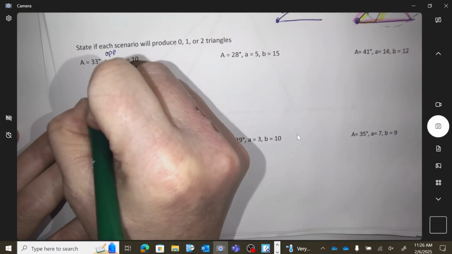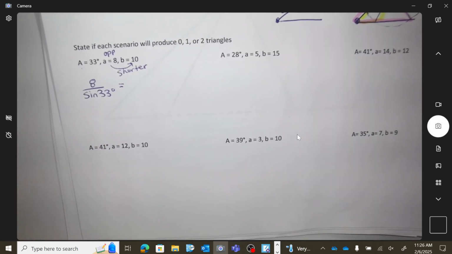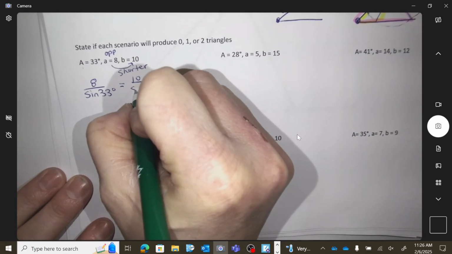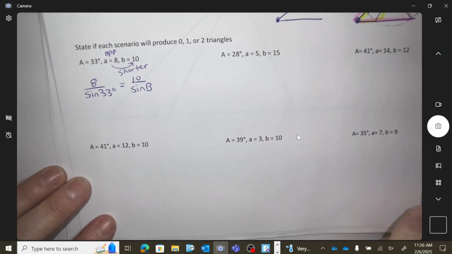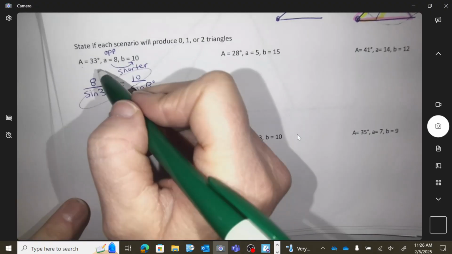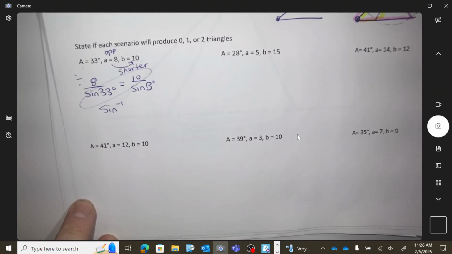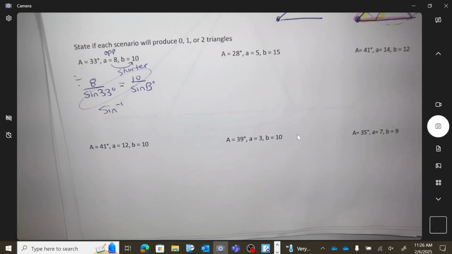Okay, so 8 over sine 33. That's my AA pair. 10 over sine B. So you're going to have to do times, divide, sine inverse. You have to do all of those things. Times, divide, sine inverse.